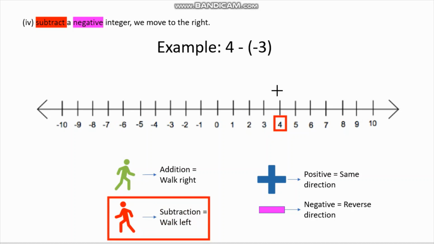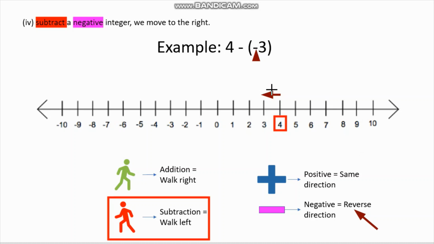Okay, so we are starting from here and we have to walk left. But next, let us consider the sign of the integer that we are subtracting. The sign here is negative. It is -3. And we have learned that whenever it is negative, we have to reverse the direction.